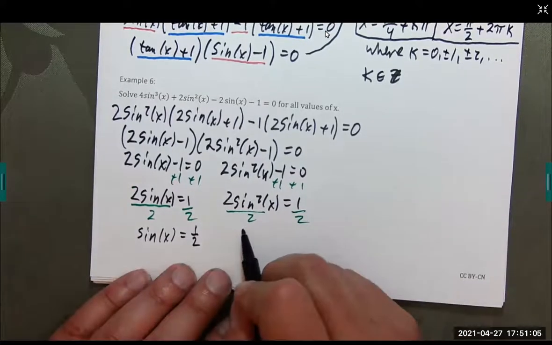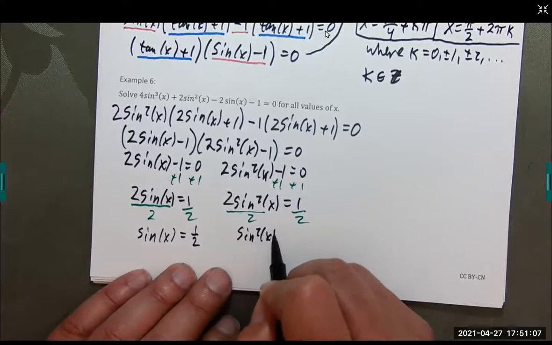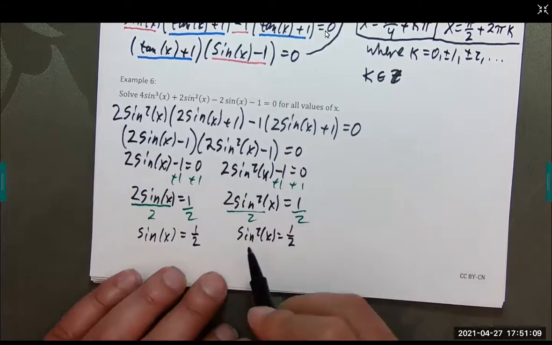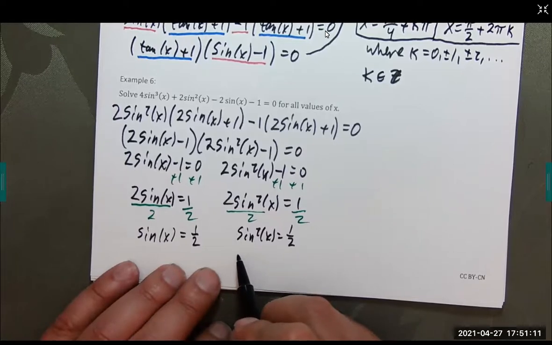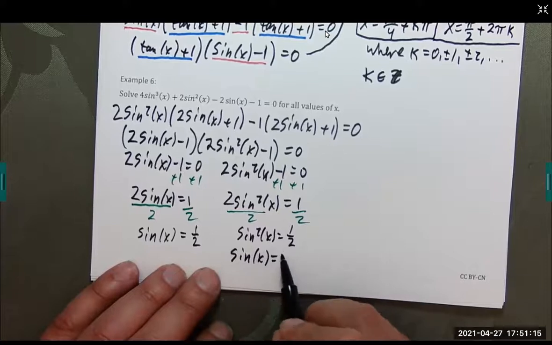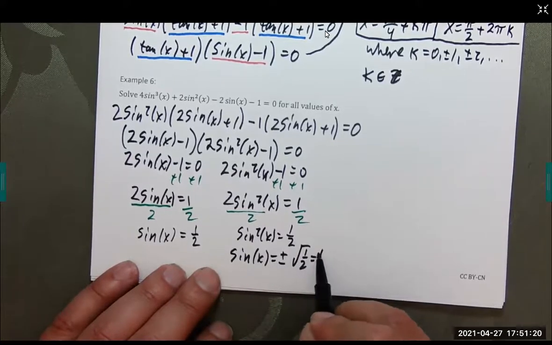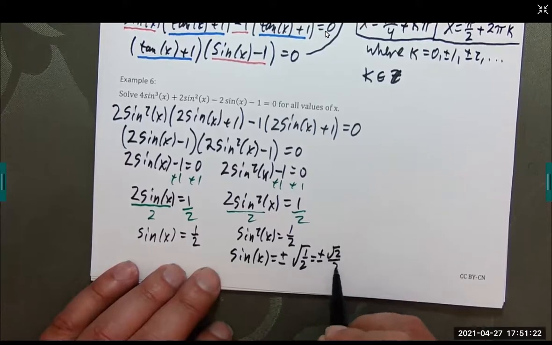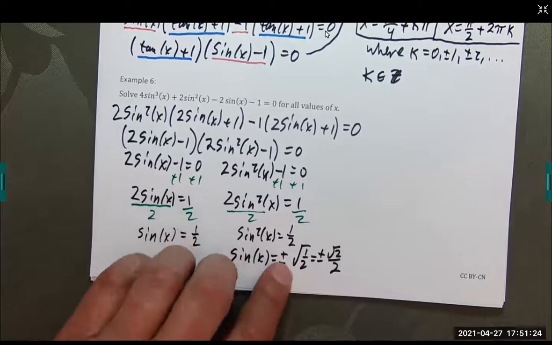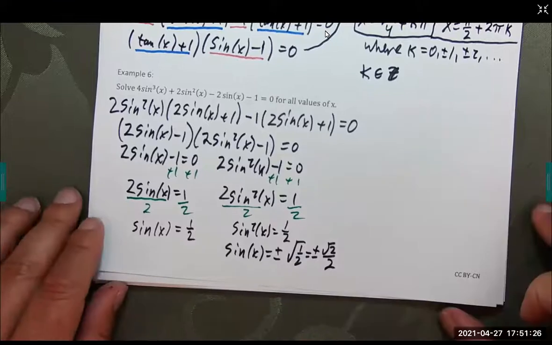Here I get sine squared x equals 1/2. And I've got to go a step further here. Take the square root. Square root of 1 is 1, root 2 is root 2, but when I rationalize it, I get root 2 over 2.